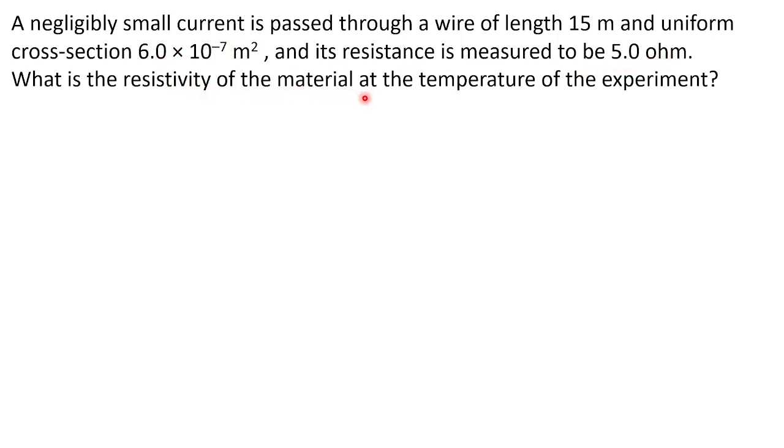What is the resistivity of the material? Figure is not required, but never forget this formula: R equals rho L by A. Resistance of a wire equals rho L by A.